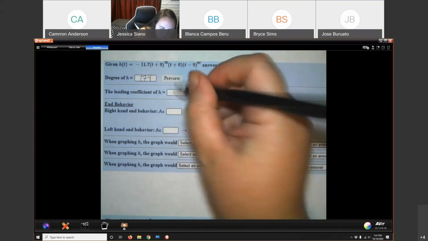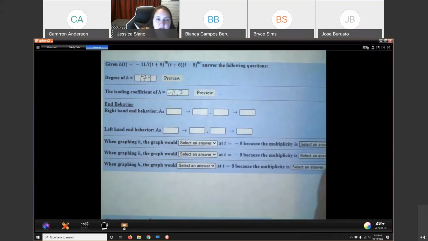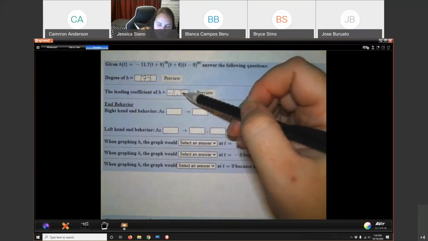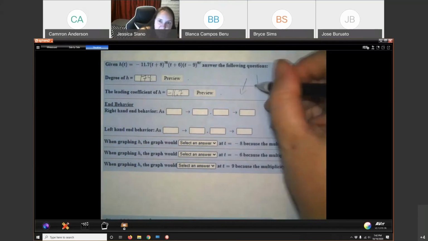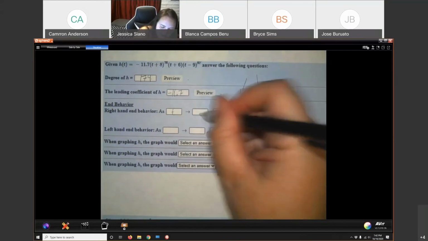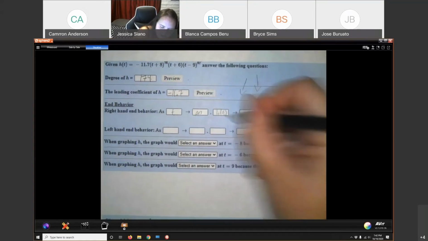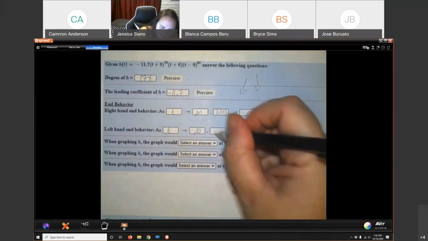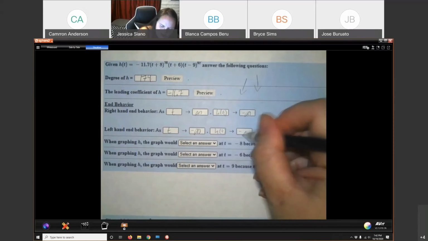So it would just be this -11.7. So even degree, negative leading coefficient, that would be down and down again. So as t goes to the right, h of t goes down. As t goes to the left, h of t also goes down.